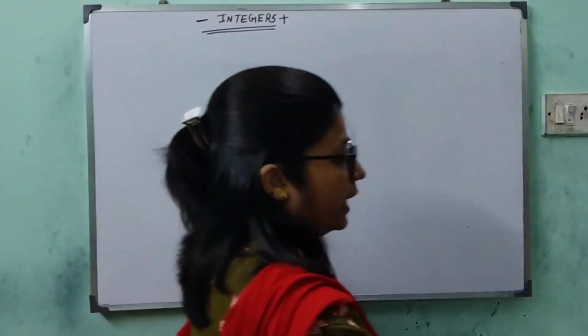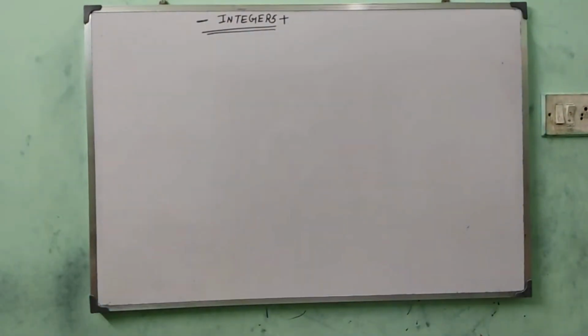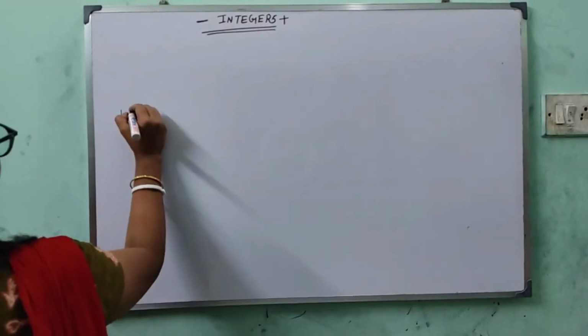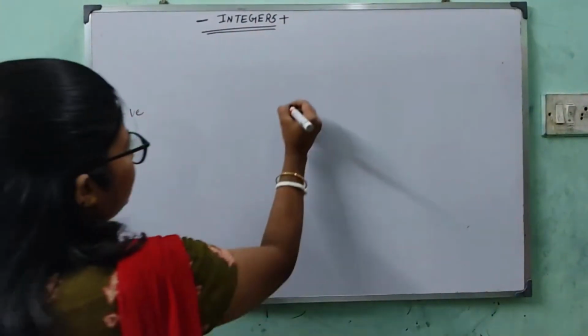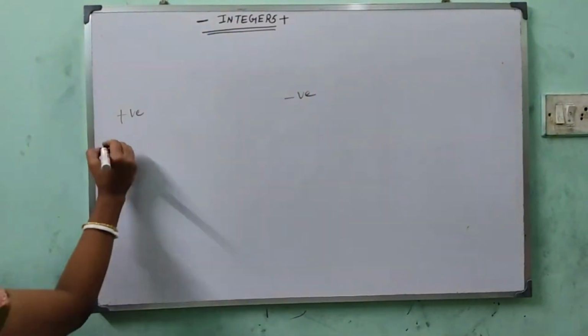Now in our real life, we come across situations where we deal with integers, knowingly or unknowingly. Let us say there are situations which represent the positive integers and situations which represent the negative integers. Say profit.